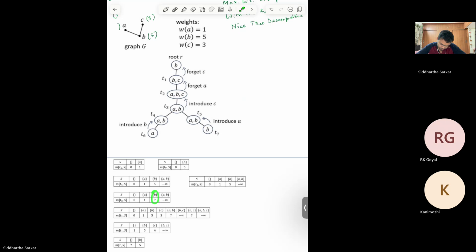This is missing corresponding to T3 and B. So T3 and B, and what else? T2 and A comma B is also missing. Yeah, this one, right? Yes. So in this table there are two missing entries. This table there is one, and this, so four things have to be computed.